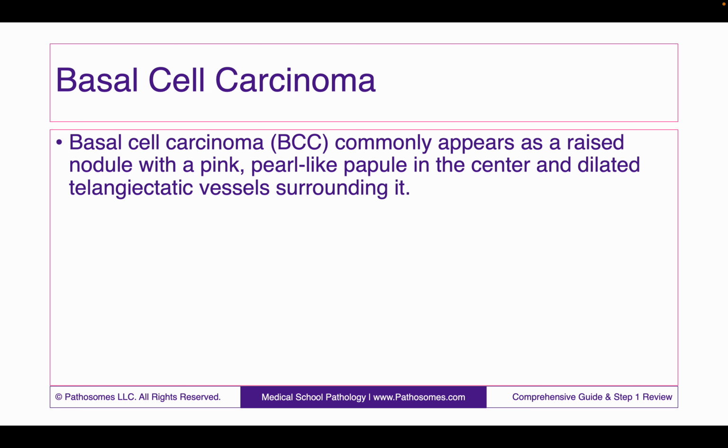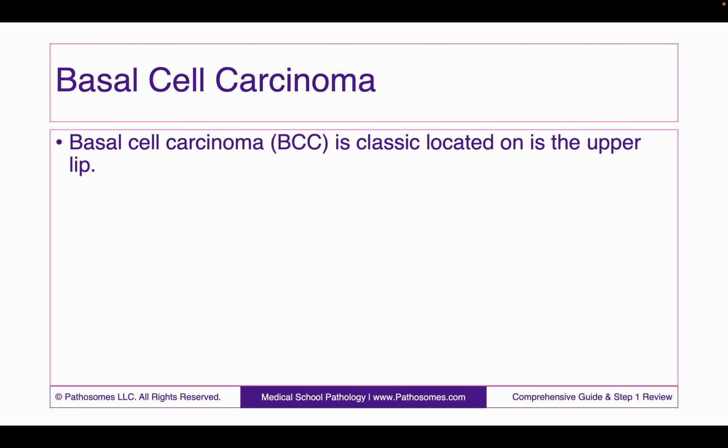Basal cell carcinoma, BCC, commonly appears as a raised nodule with a pink pearl-like papule in the center and dilated telangiectatic vessels surrounding it. Basal cell carcinoma is classically located on the upper lip.